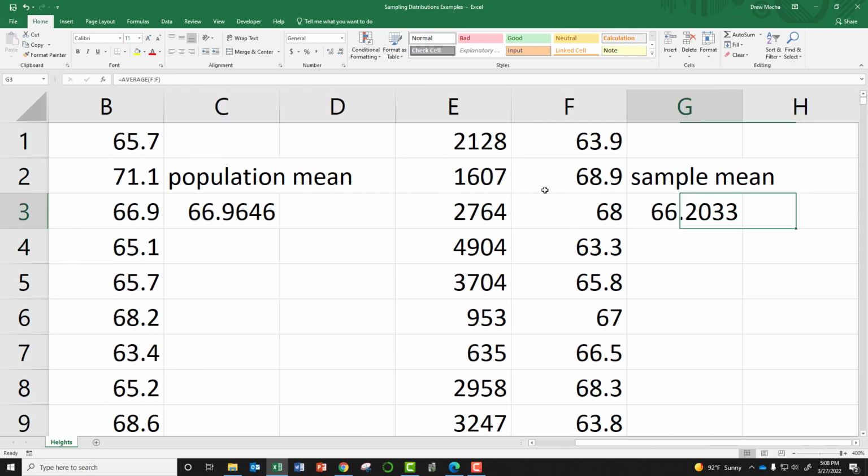This makes sense because the sample mean is a descriptive statistic, which means the sample mean is an estimate of a parameter. Remember, a statistic is just an estimate of a parameter. Our population mean is the parameter. That is the characteristic of the population: the population's mean height is 67 inches.